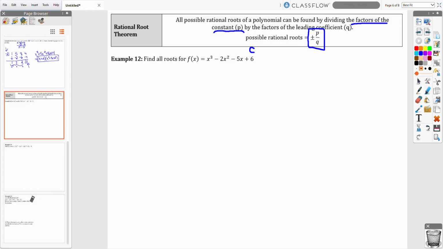The Q's are the factors of the leading coefficient, and the leading coefficient is that number in the very front if the polynomial is written in standard form. So our p's are going to be the factors of the constant 6.